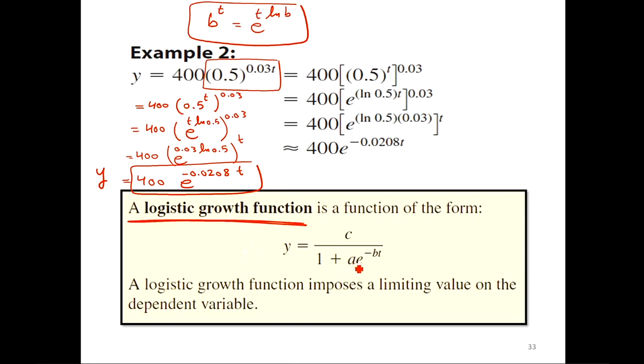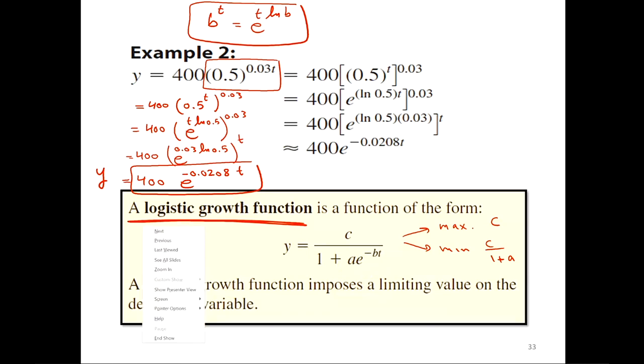The maximum value equals C, and the minimum value equals C over 1 plus A. So the maximum is C and the minimum equals C over 1 plus A. This is called the logistic growth function: C over 1 plus A e to the power minus BT.